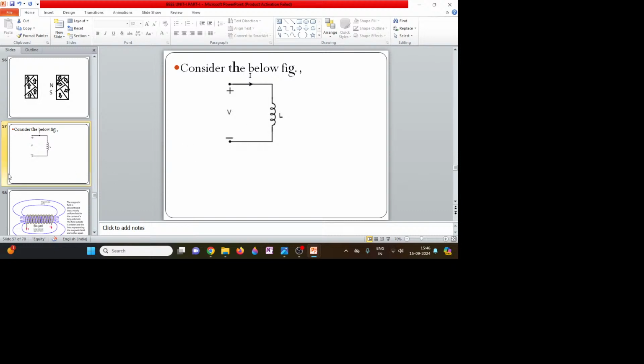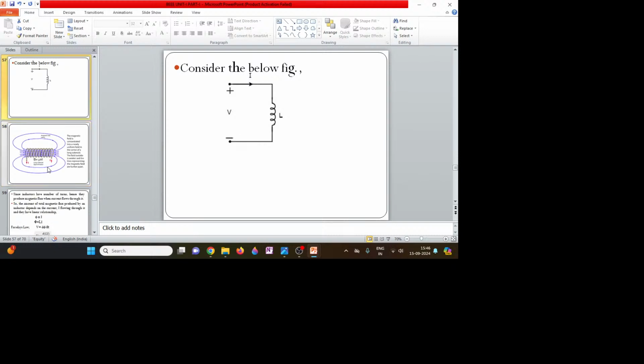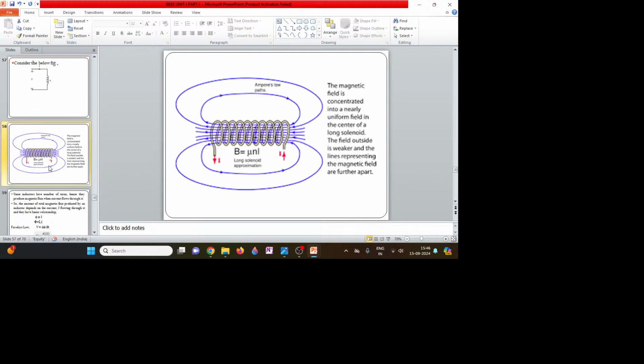After drawing this diagram, I will give you a minute to draw this also. No need to write this content, just draw the diagram, just draw two flux lines on this side and two flux lines on the other side.